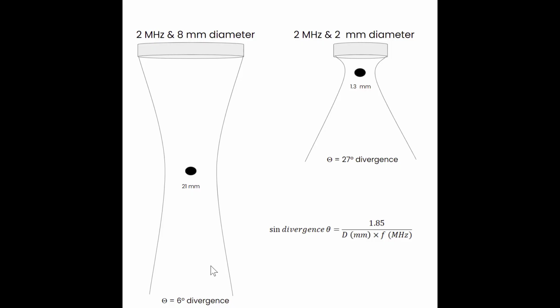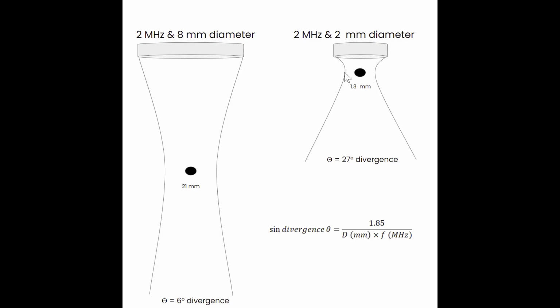So let's take a look at what it means for how the beam looks in the far field. So now we see that our 8 millimeter diameter has barely even expanded out because once we plug all those numbers in, we'll see a 6-degree divergence angle. Compare that to our 2 millimeter diameter, which also happens to produce a 27-degree angle of divergence. So remember, it's coming down here.